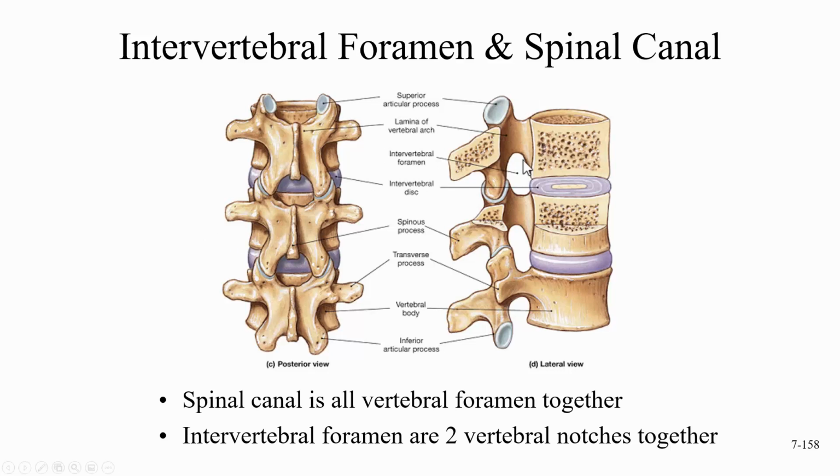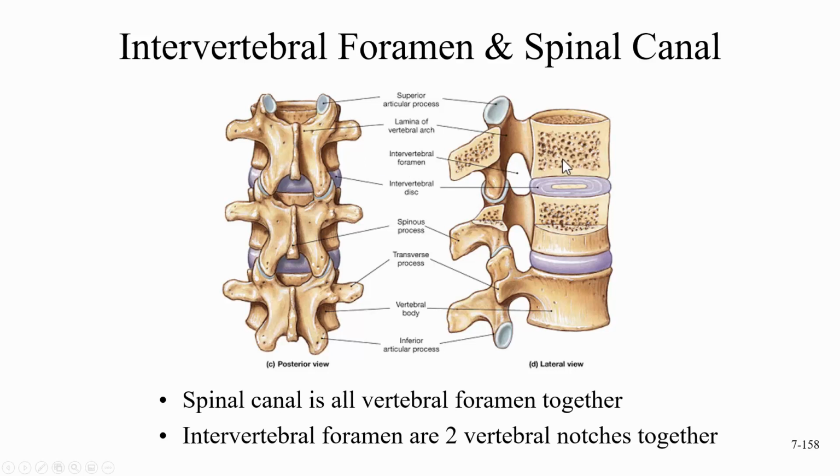And then remember the inferior and superior vertebral notches? Well, when we stack the vertebrae together, we wind up with what are called intervertebral foramen. Okay? And this is where the spinal nerves are going to exit as they come off of or go into the spinal cord.